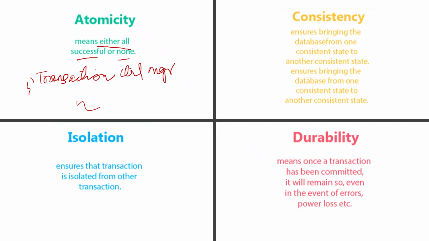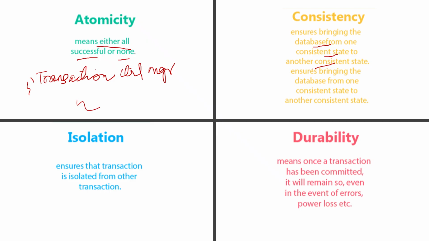If you see here, it ensures bringing the database from one consistent state to another consistent state. But it should not violate the database constraints.